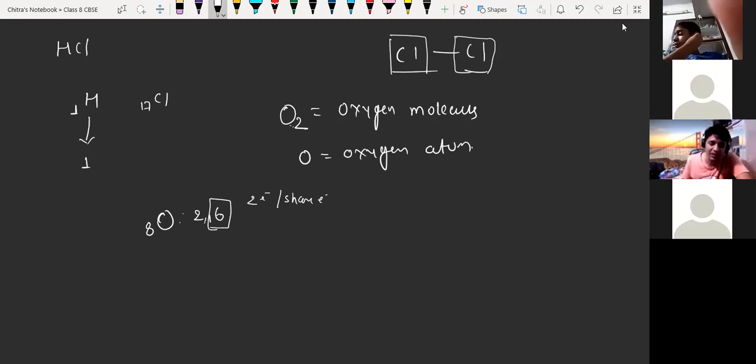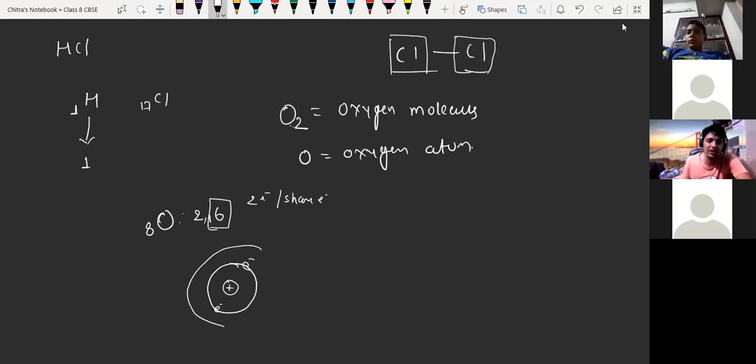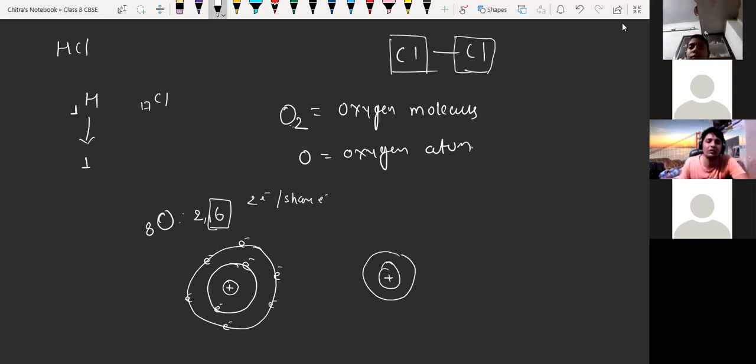Now I am going to discuss the whole structure of oxygen. This is the nucleus of oxygen. In the first shell there are 2 electrons, 1 and 2, and in the second shell, the outermost shell, 6 electrons: 1, 2, 3, 4, 5 and 6. Here we have another oxygen atom. Again this is the nucleus, in the first shell there are 2 electrons, and in the second shell again 6 electrons.